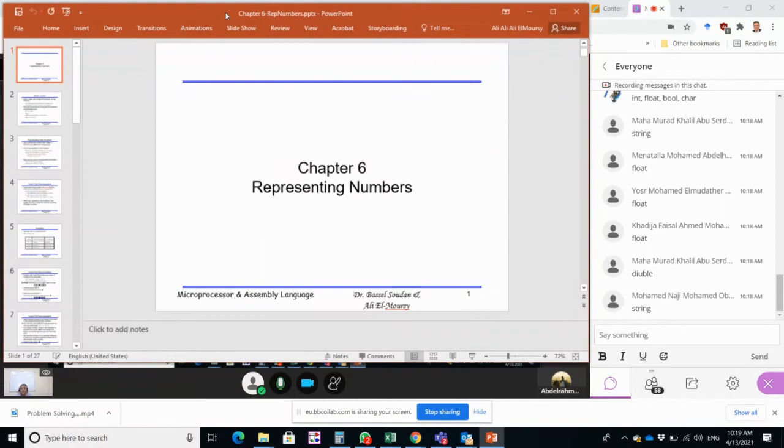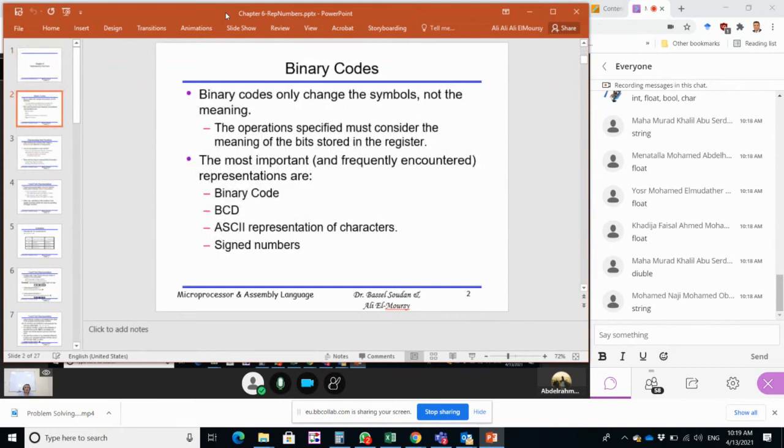The number representation. And here we want to go back to DLD, digital logic design. What are the number representations that you learned in digital logic design?